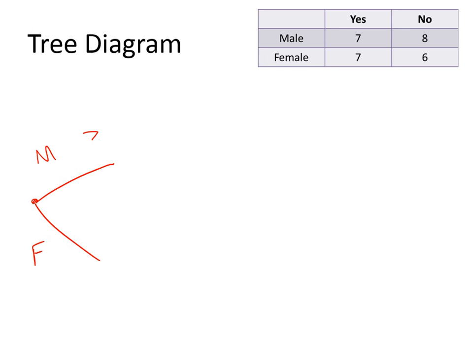Well, it's not 7 over 15, it'd be 15 over 28, and 13 over 28, based on the total number of males, which is 15, and the total number of females, which is 13.